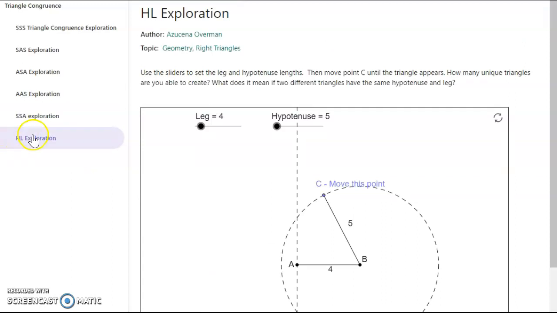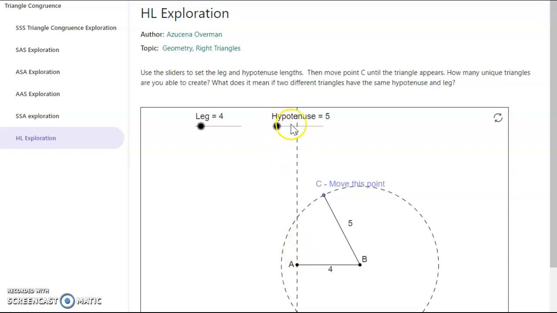Okay, let's explore the very last one. That's HL. What does HL stand for? It's the hypotenuse and the leg. Hypotenuse, leg. And this only applies in the right triangle. This only applies in the right triangle. And hypotenuse only occurs in the right triangle.